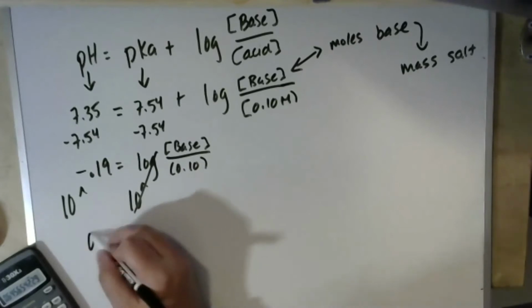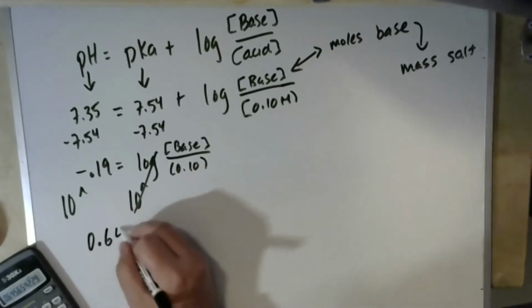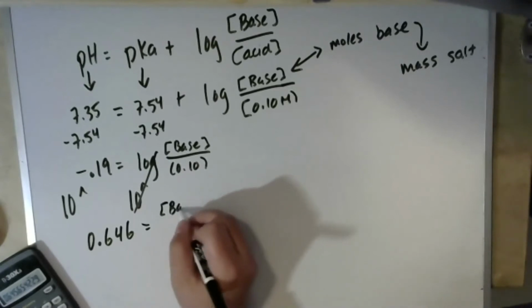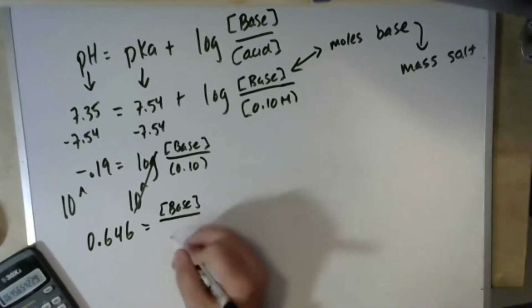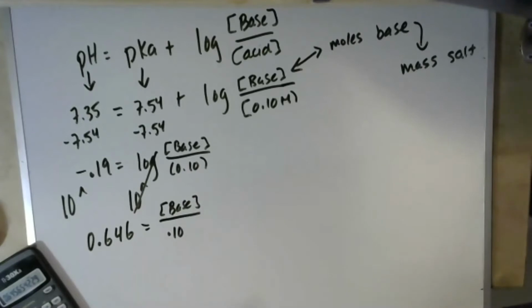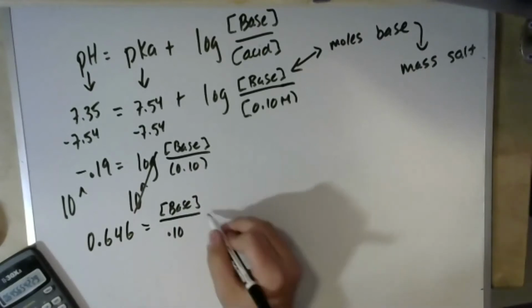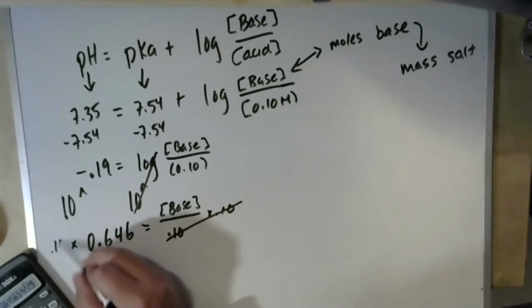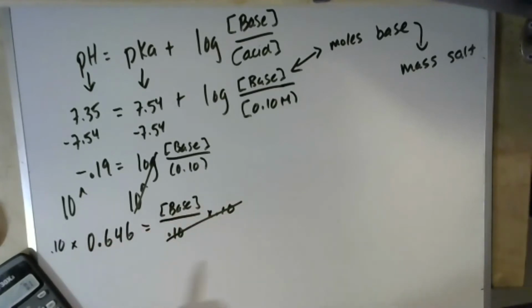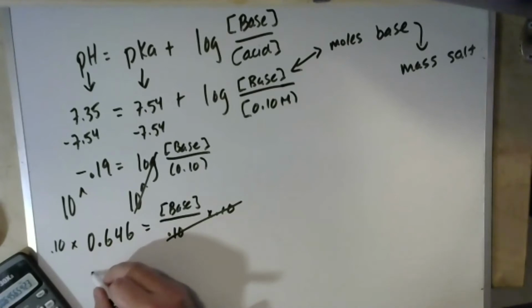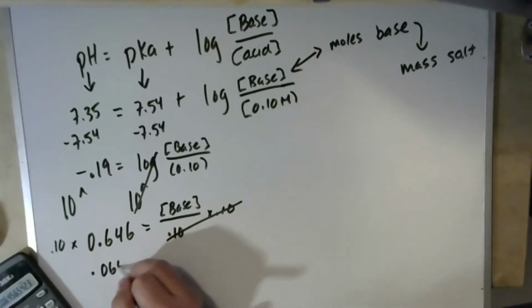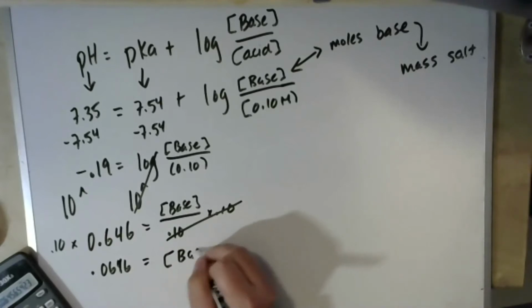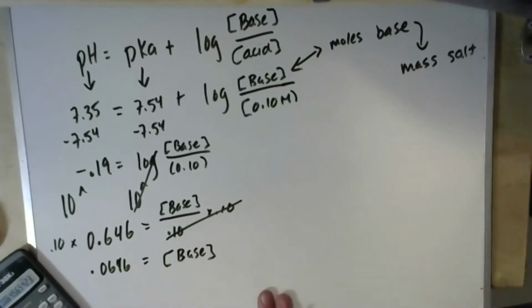So we end up with 0.646 equals the concentration of the base over 0.10. So then we'll multiply both sides by 0.10. And we get 0.0646 is the concentration of our base.